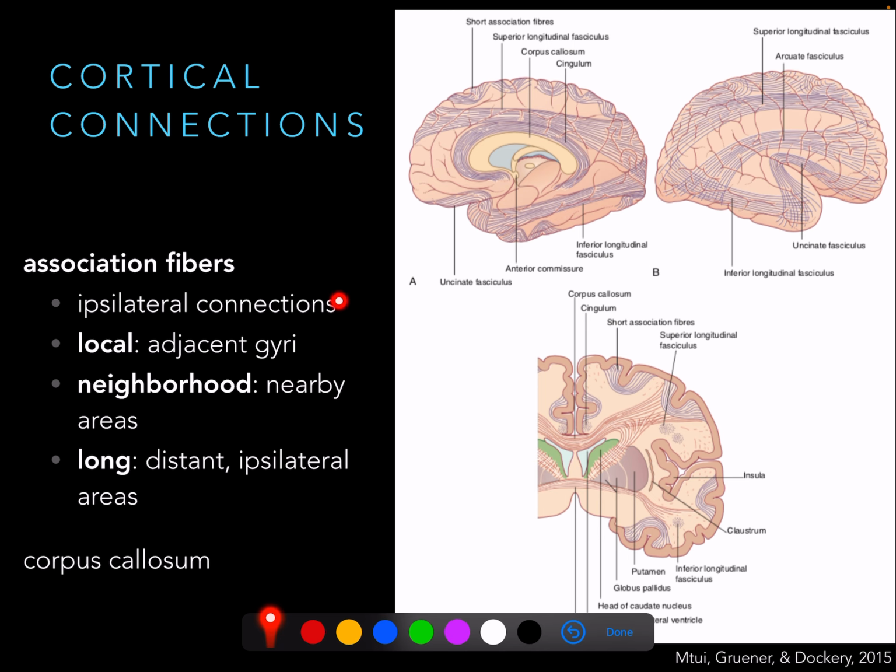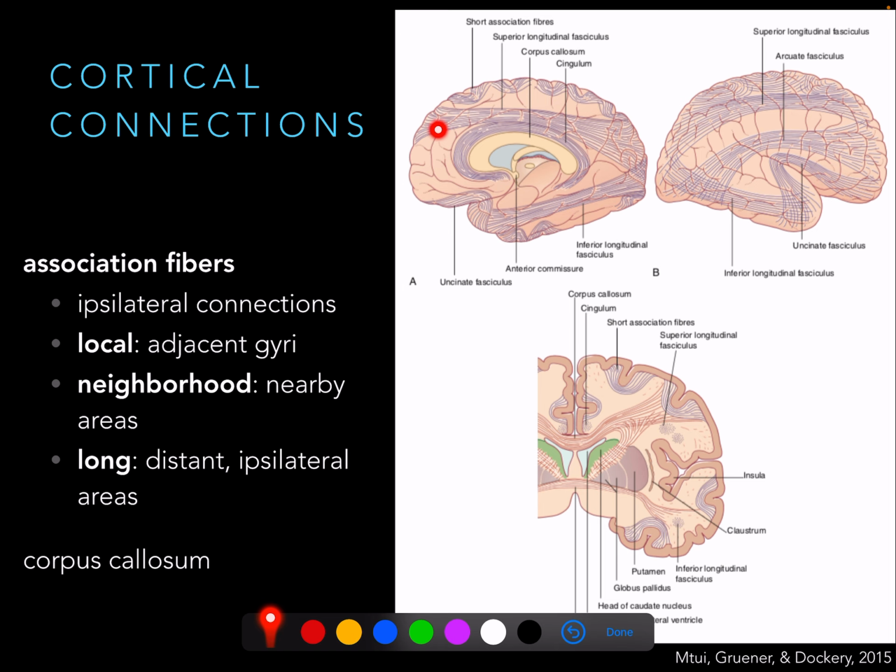Association fibers are ipsilateral connections, that is on the same side. So I'm going to go talk to my neighbors. We got local connections. Hey, I'm just going to talk to the gyrus right next door. We got neighborhood connections. That means we're near one another, but I'm going to maybe go a little further away. And then we've got long association fibers.